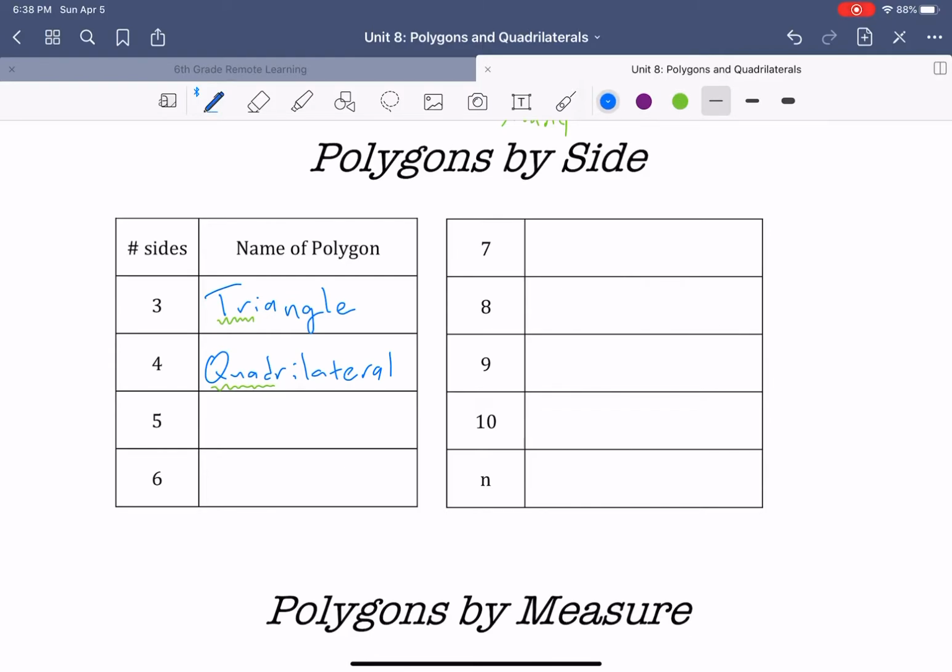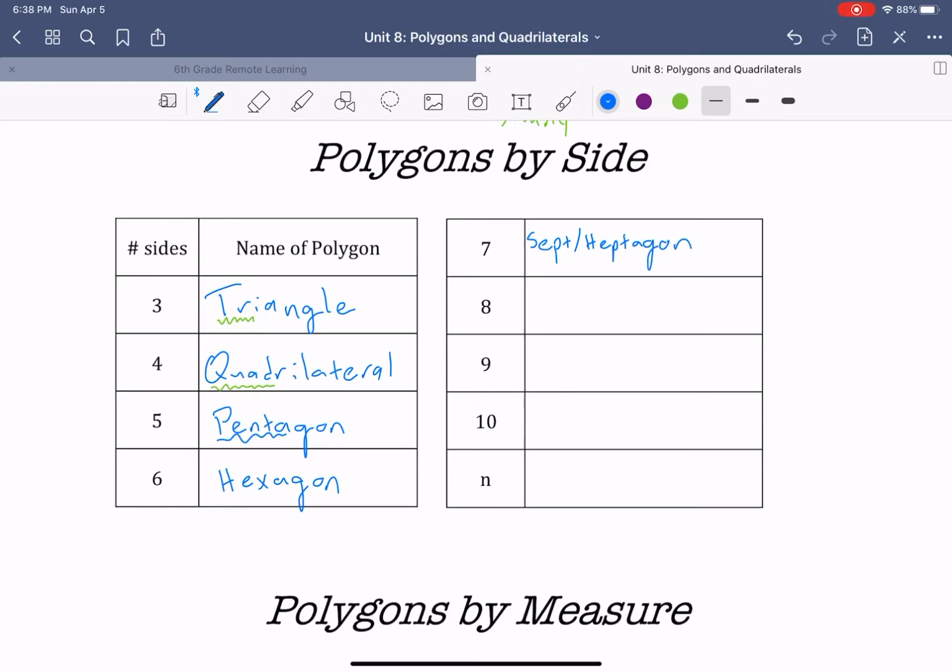Next we have a pentagon, where pent or penta means 5. 6 is a hexagon. 7 actually kind of depends on who you ask. It's both called a septagon and a heptagon. I've heard it referred to as both.